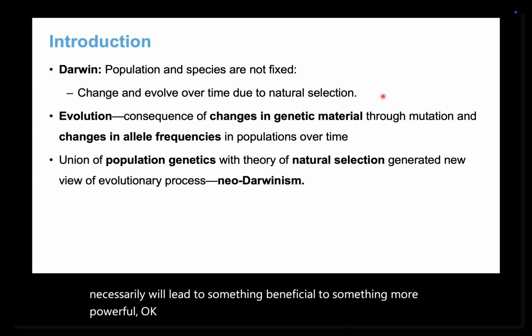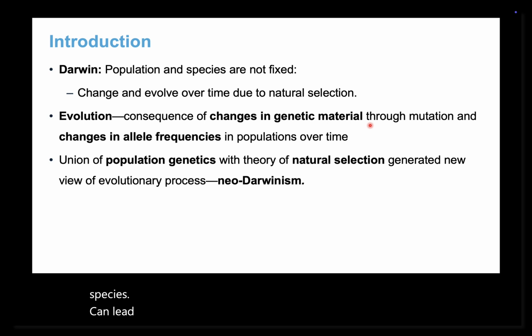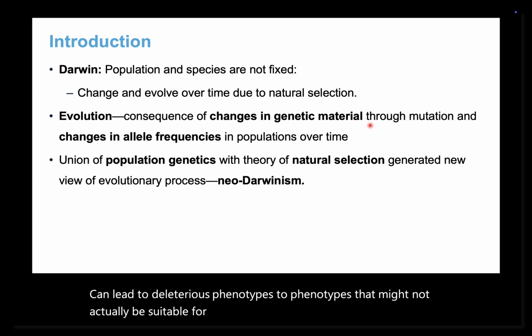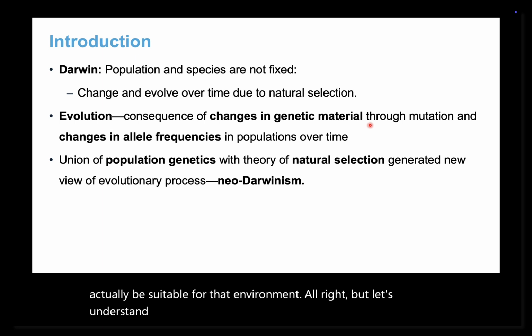Evolution, these changes in the genetic material of that species, can lead to deleterious phenotypes, to phenotypes that might not actually be suitable for that environment. All right? But let's understand here that evolution happens as a consequence of changes in this genetic material.